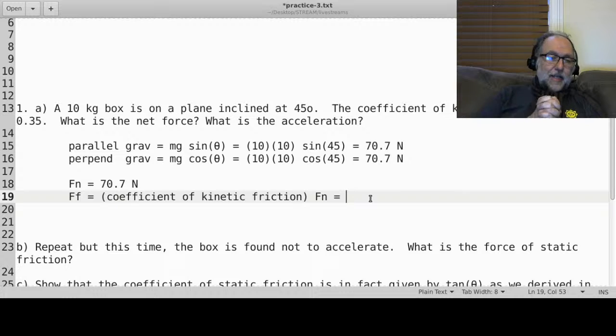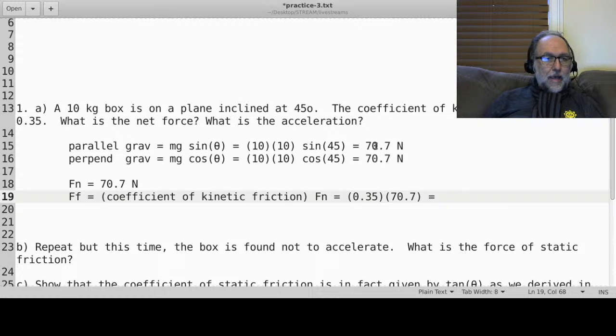And the way to understand that intuitively is the harder the two surfaces press together, the more they stick together, the more friction there is. Okay, and so this coefficient of friction is kind of a measure of how much friction you get for each unit of normal force, or something like that. Okay, so the normal force was 70.7, like that. And let me see, I think I've got my answer ready here somewhere.